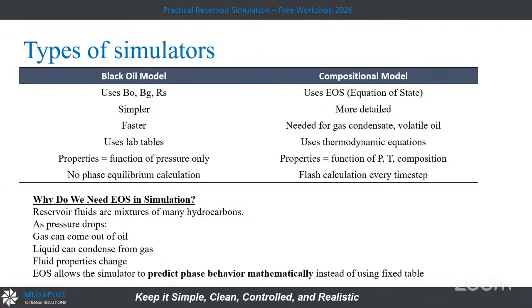So the composition will change with time. So the simulation will calculate the concentration of each component, and by the equation of state we get the final product, the percentage of phases in each cell.